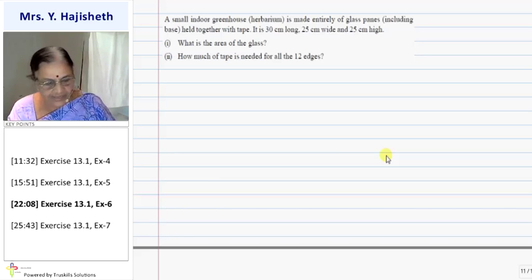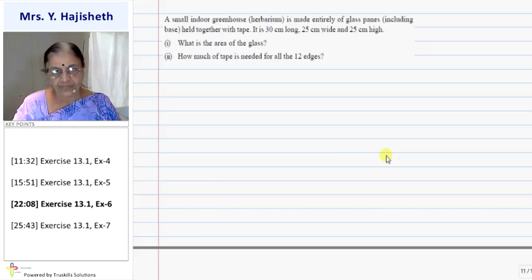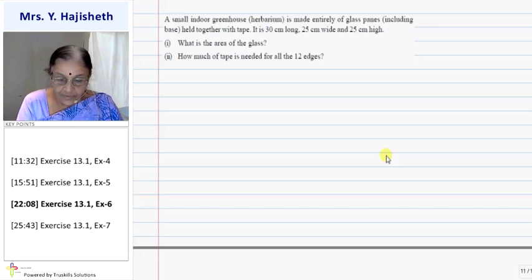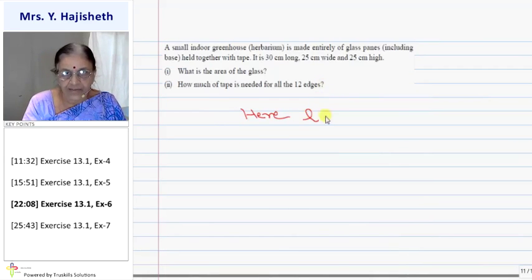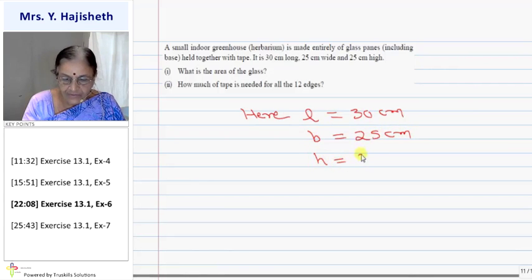Now this sum can be done by first finding the total surface area. Okay. Here what is given to you? Here L is given as 30 centimeter. Okay. B is given as 25 centimeter. And H is given as 25 centimeter. Okay.